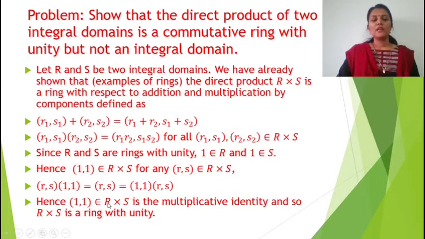Hence 1 element of R cross S is the multiplicative identity, and so R cross S is a ring with unity.